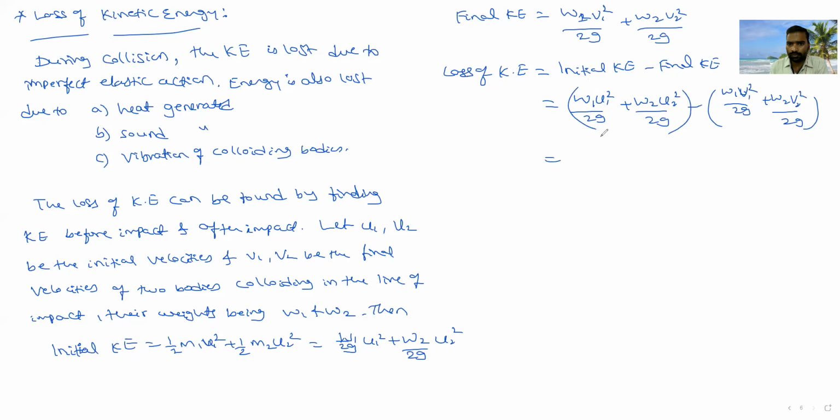From this, W1 divided by 2g I will take common, so remaining is U1 square minus V1 square, plus W2 by 2g into U2 square minus V2 square. This is the loss of kinetic energy.